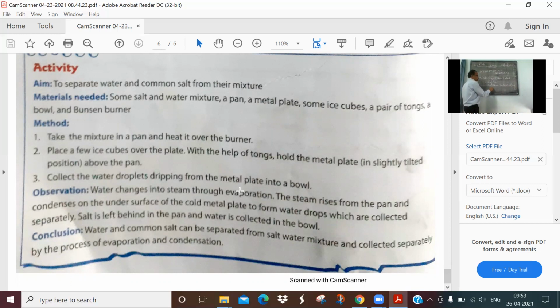Children, these two together we call distillation. These two processes involved together we call distillation.